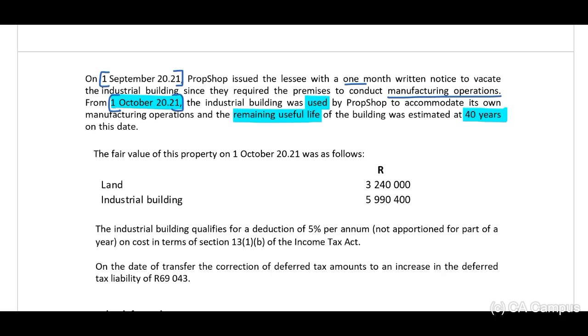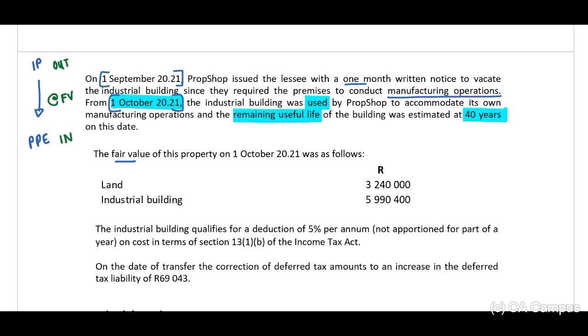Immediately identify that we will have a transfer from investment property to PPE, and we need to follow our IAS 16 rules. Now, at date of transfer, we need to identify that this should be at fair value. Therefore, we need to take this out from our investment property at fair value and include this in our PPE at fair value.